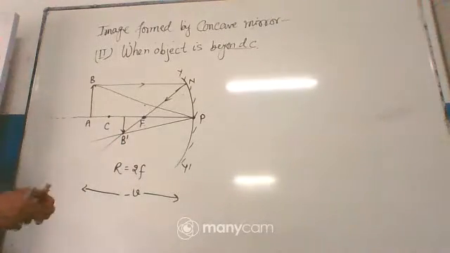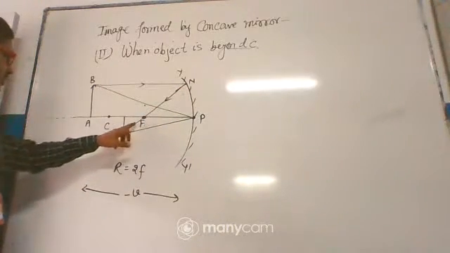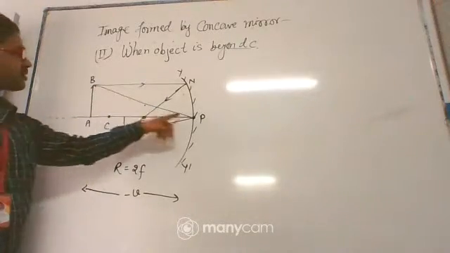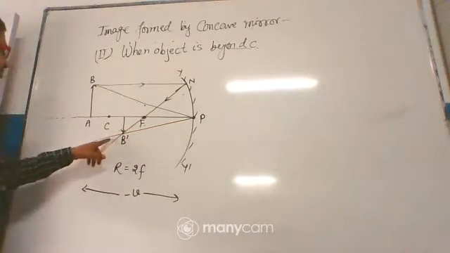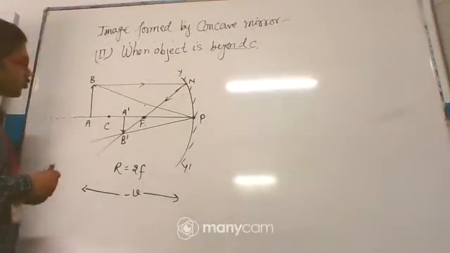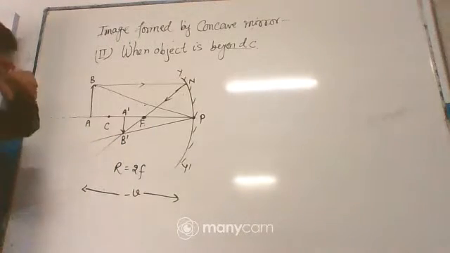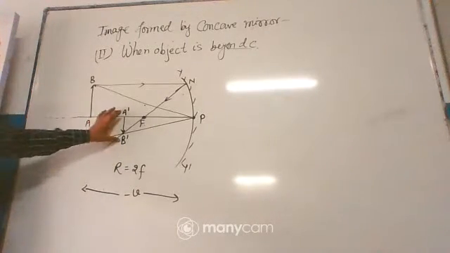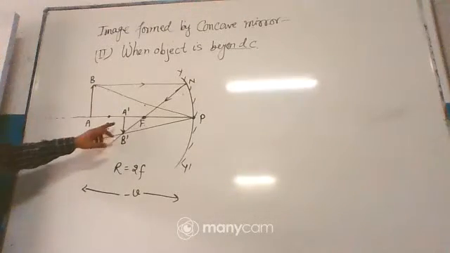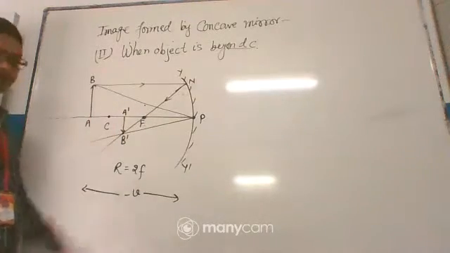So one ray is reflected from point N and passing through F, and the second one is reflected from the pole and passes like this. These two rays intersect in reality at point B dash. So A dash B dash will be the image of this object AB. The position of image in this case is between F and C.